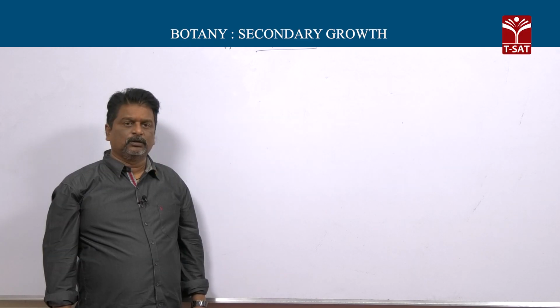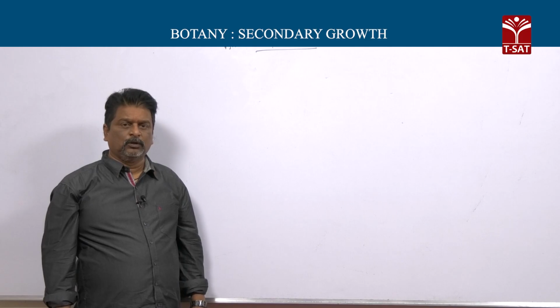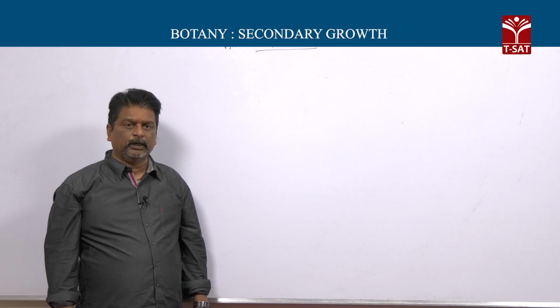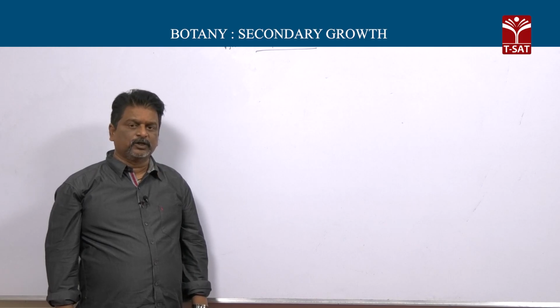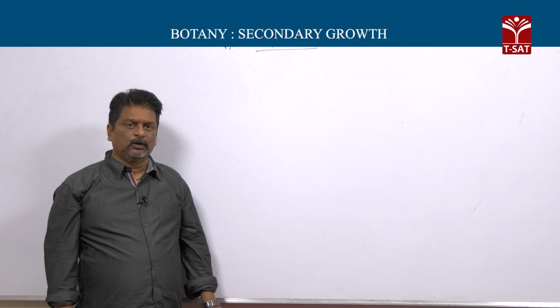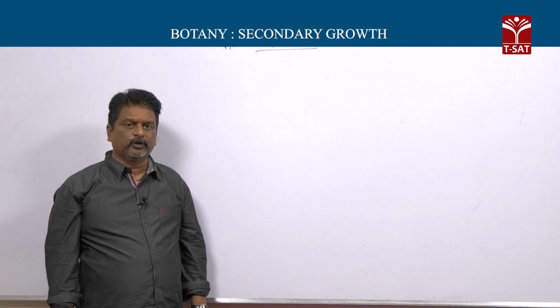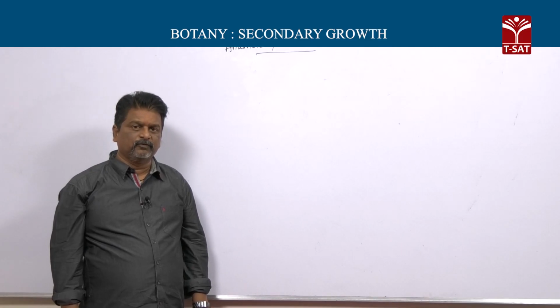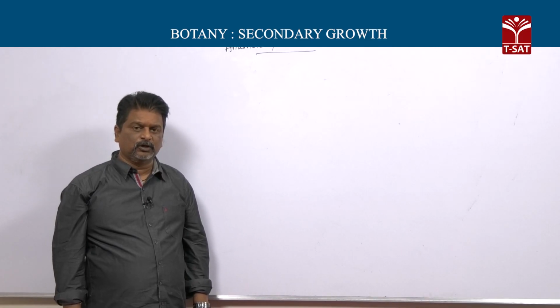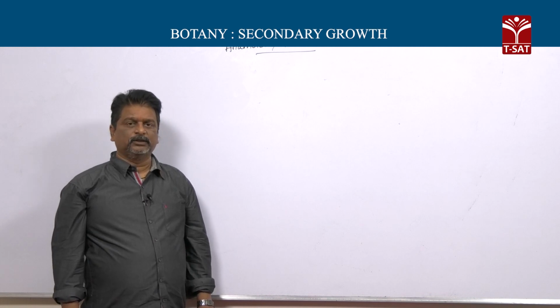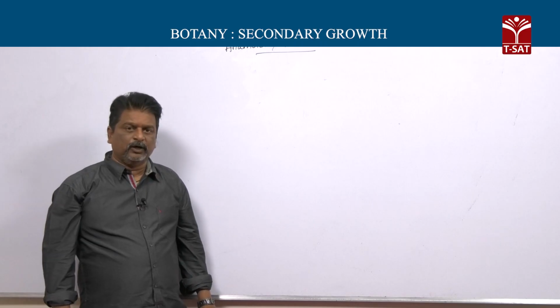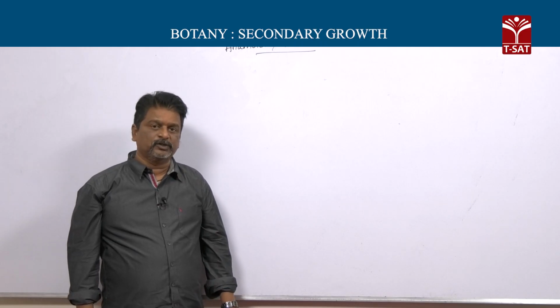So, next one, abnormal or anomalous secondary growth. In normal secondary growth, more secondary xylem is formed and less secondary phloem is formed. That is called normal secondary growth. Other than that, it is called anomalous or abnormal secondary growth.